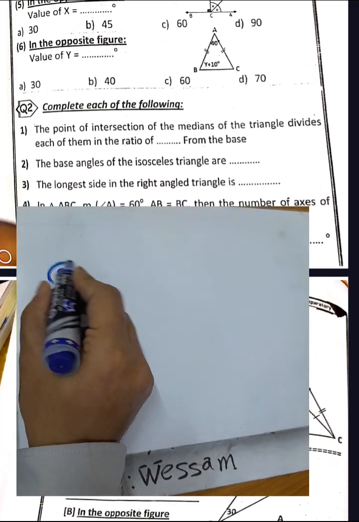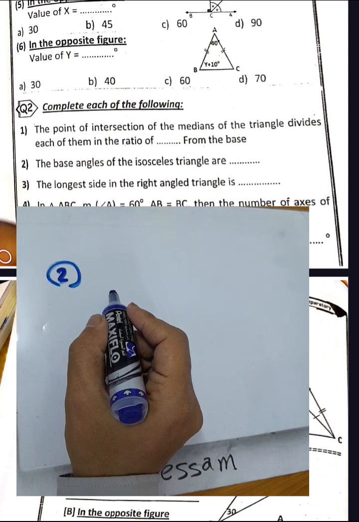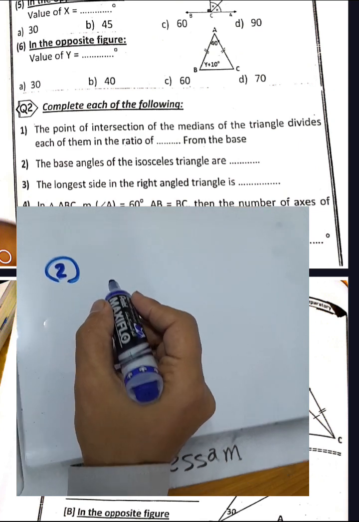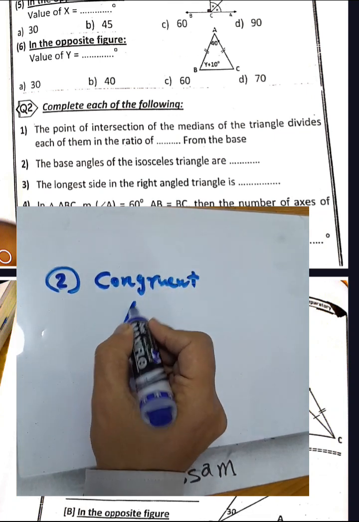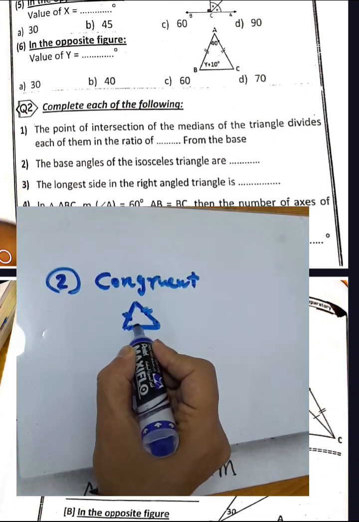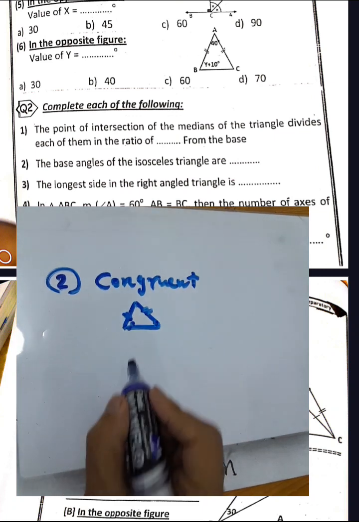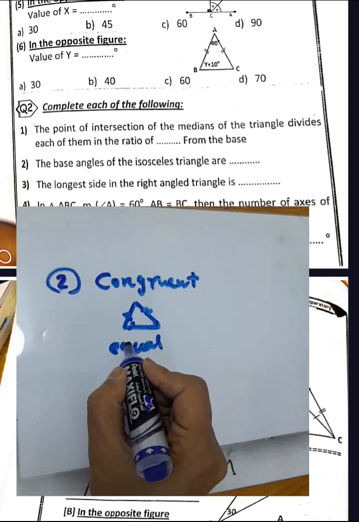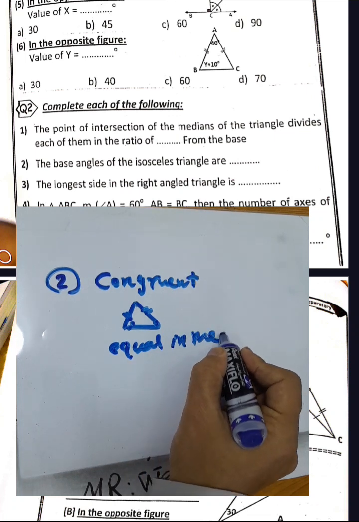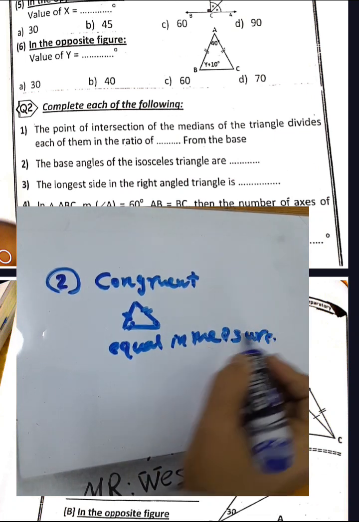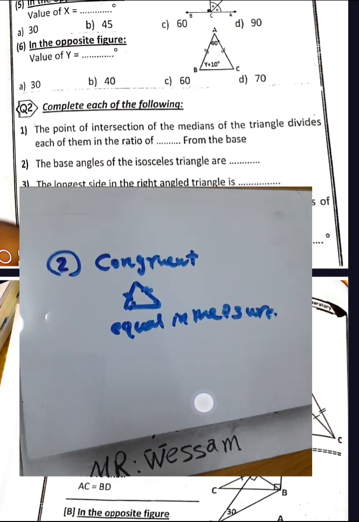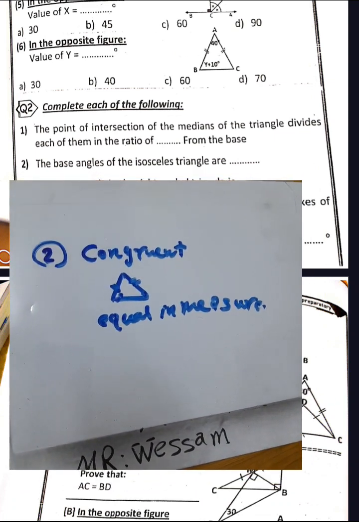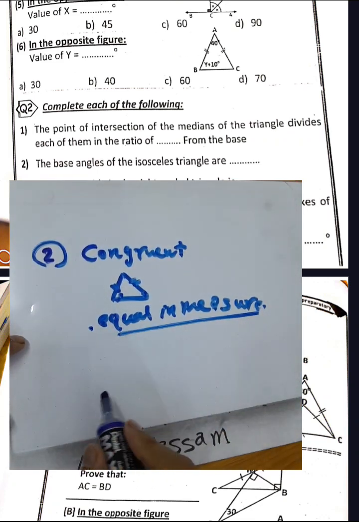Next question, number 2. The base angles of an isosceles triangle are congruent. We have here an isosceles triangle. The base angles here are congruent, or we can write equal in measure.